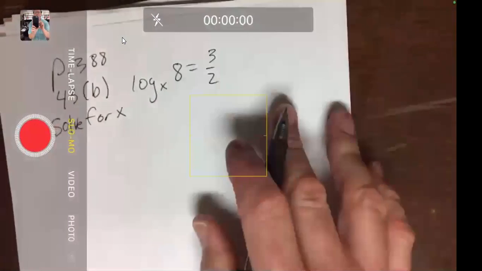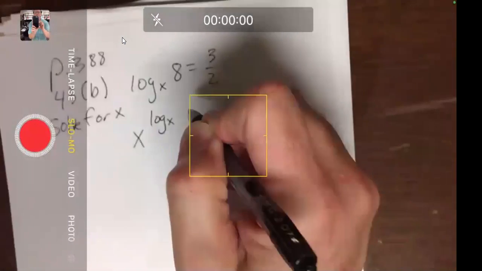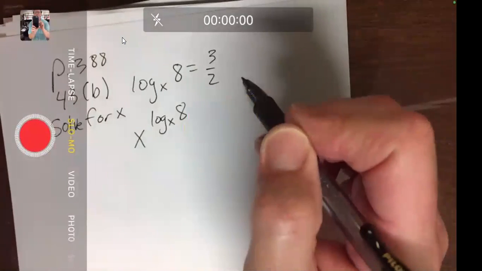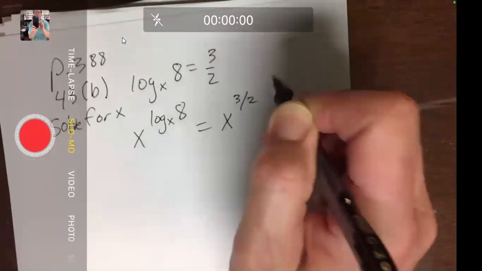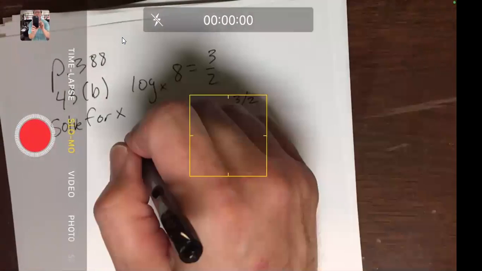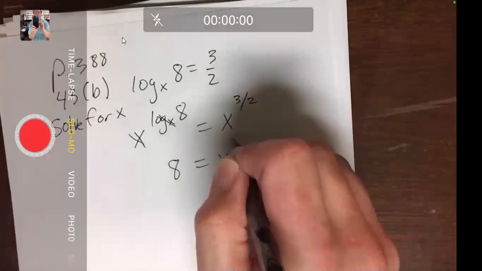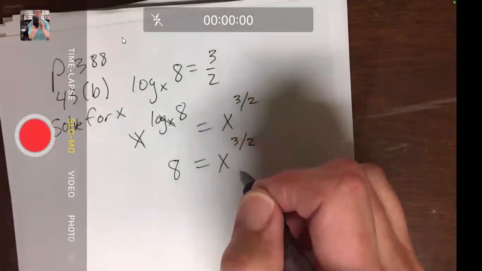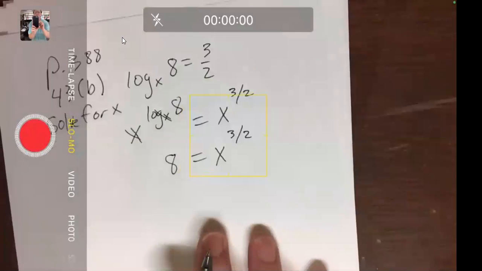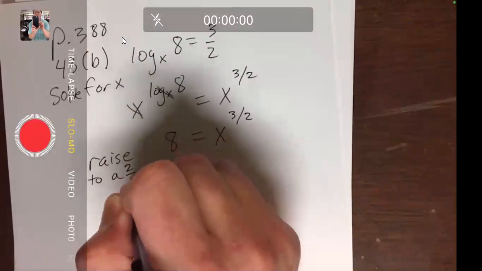Solve for X. All right, so all you can do is go X to the log base X of 8 is equal to X to the 3/2. These will undo each other, leaving 8 equals X to the 3/2. Well, that's hard to figure exactly, but basically then you want to raise to a 2/3 power.